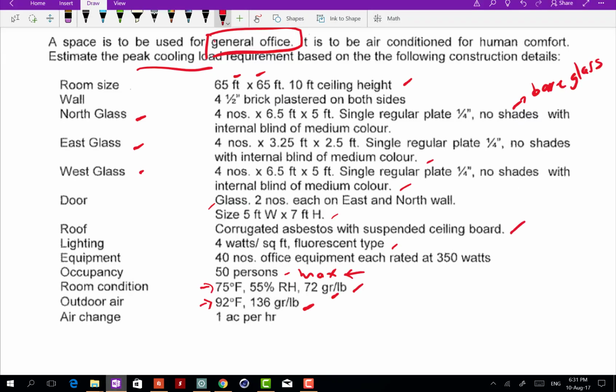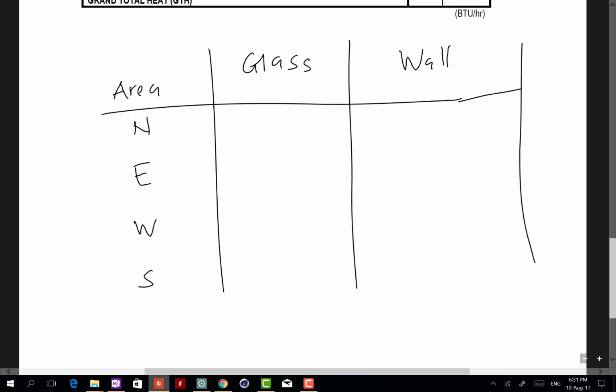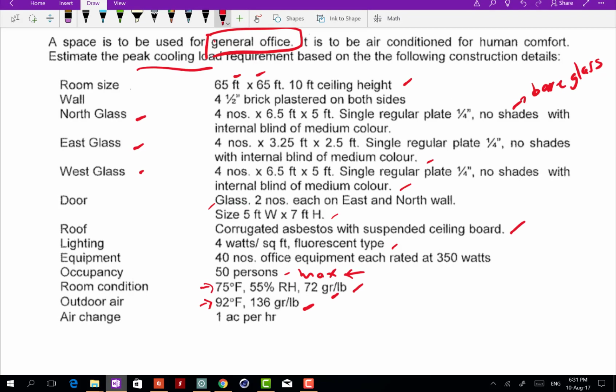Okay, glass, the area in the north direction. 4 multiplied with 6.5 multiplied with 5. And then we need to add another type of door.